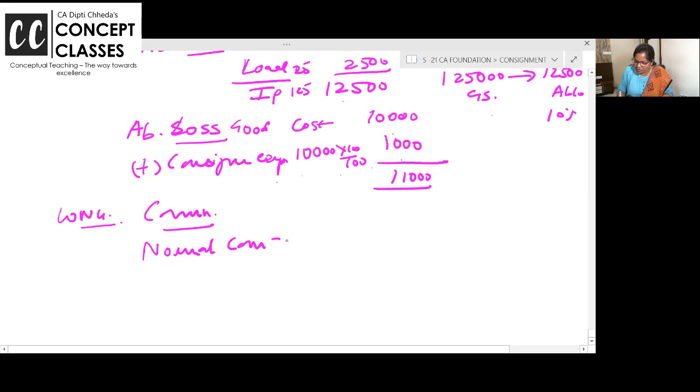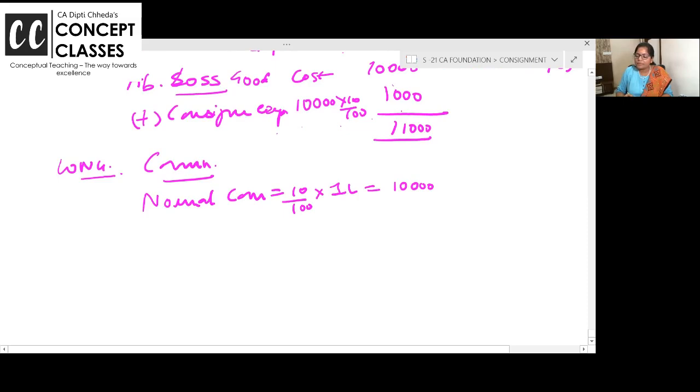Normal commission is 10% on the sales of 1 lakh, that is 10,000. Clear? Vijay is entitled to a commission of... there is a lot of language in this, and there is a trick, which is why doing these study material problems in class is a challenge. Still, we are doing it, read it if you want.